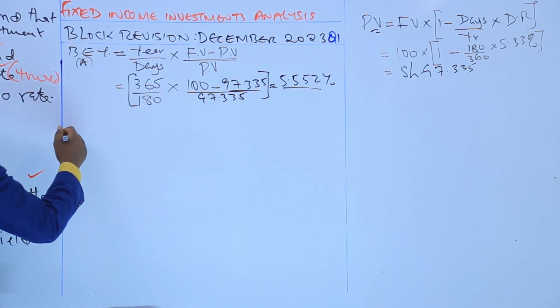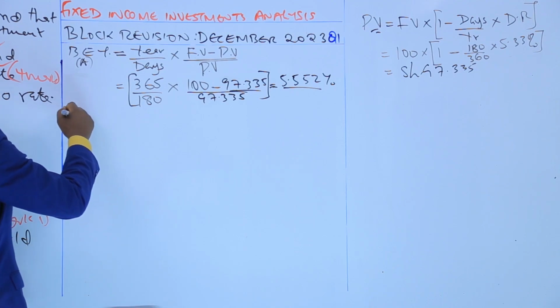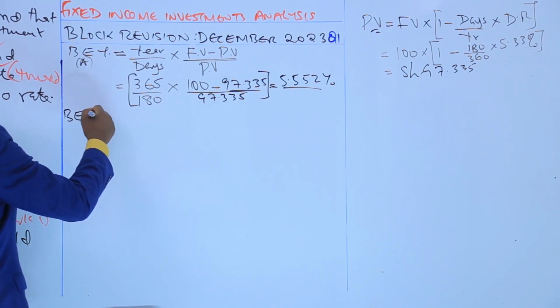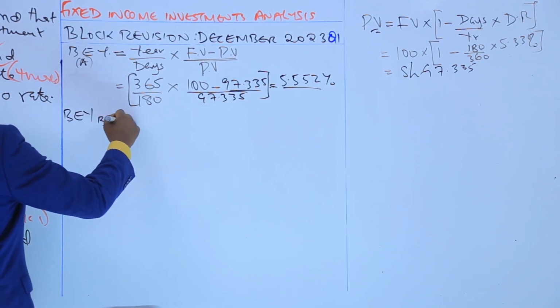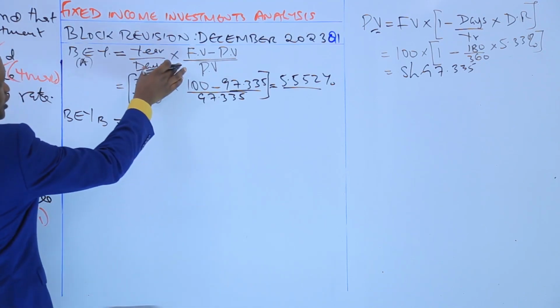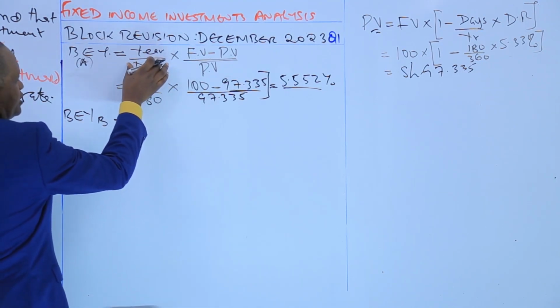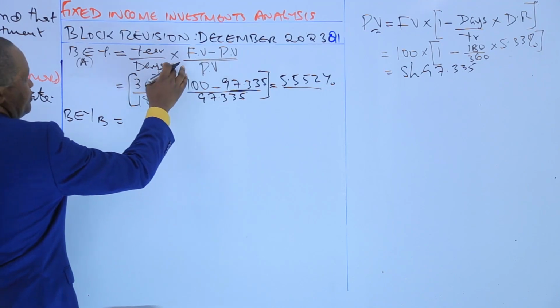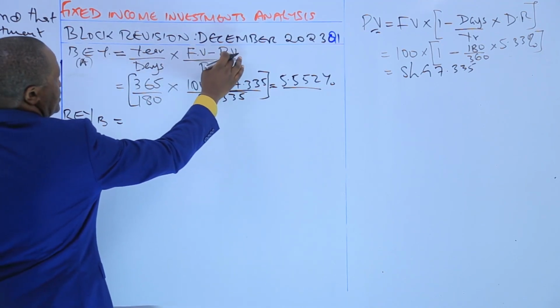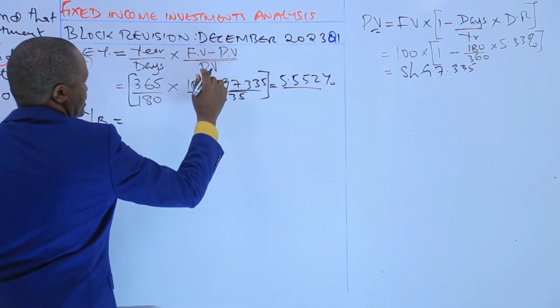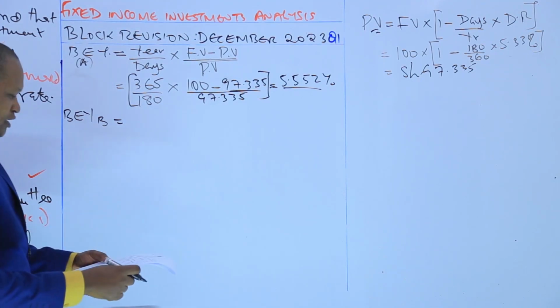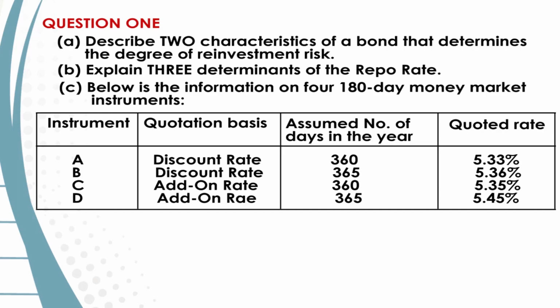How about instrument B? The bond equivalent yield for instrument B, we're going to use the same formula, year over days times the future value minus present value over present value. Why? Because the quotation basis is the discount rate.